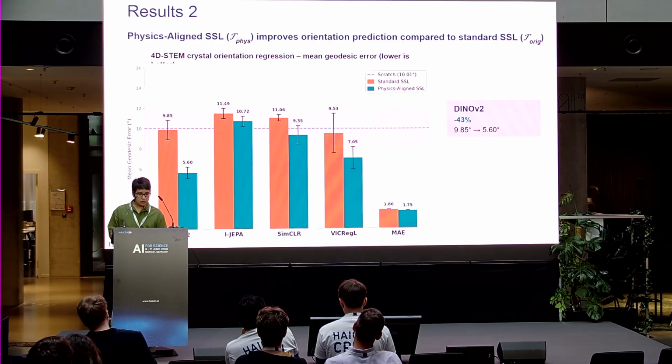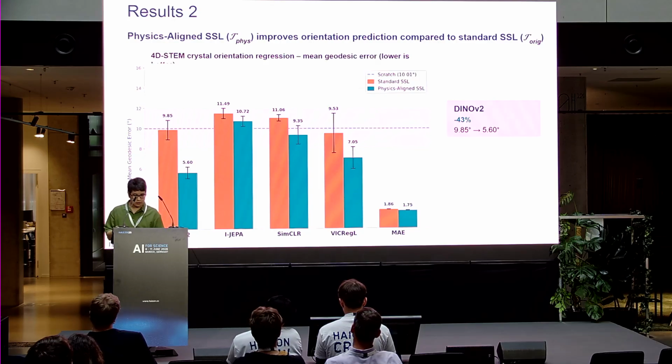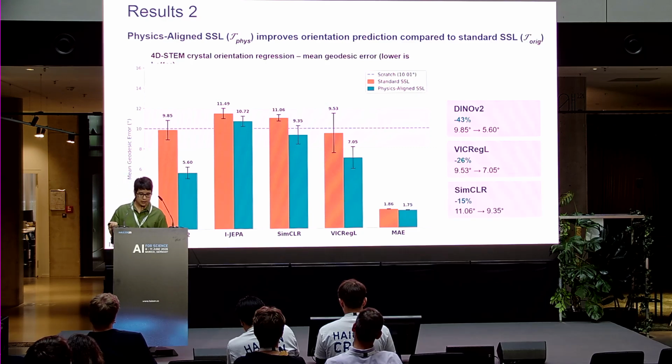So for DINOv2, we basically reduce the error by half, from 10-degree geodesic error to 5-degree geodesic error. And for VICReg, it's around 26% improvement, and for SimCLR, it's 15%.